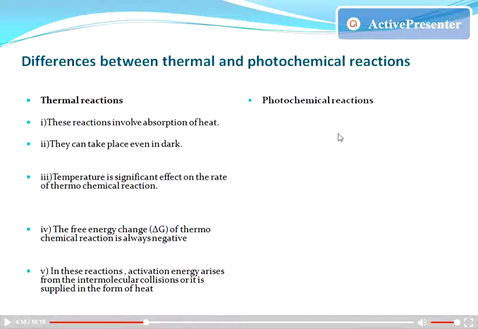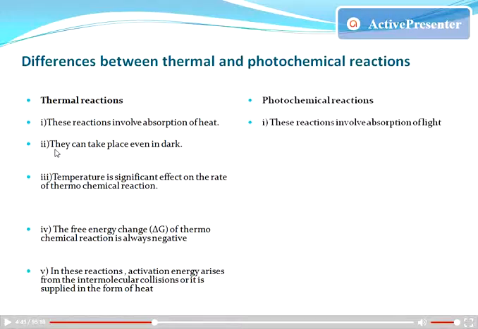While for photochemical reactions, we need to absorb light. But don't forget which light. It should be the light of specific wavelength corresponding to the electronic transition taking place in that specific reaction.